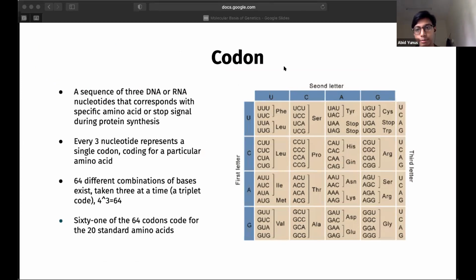One important point to take note of is that one codon only encodes for one particular amino acid, but one amino acid can be encoded by more than one codon. For example, phenylalanine can be encoded by UUU or UUC, but UUU will only encode for phenylalanine.